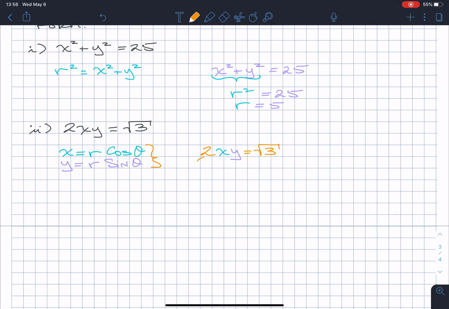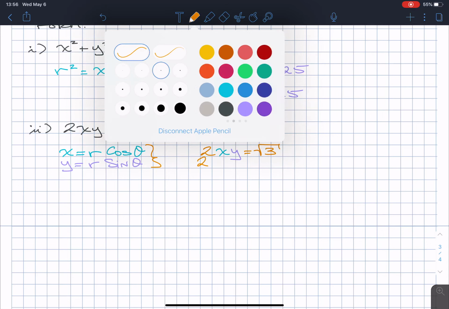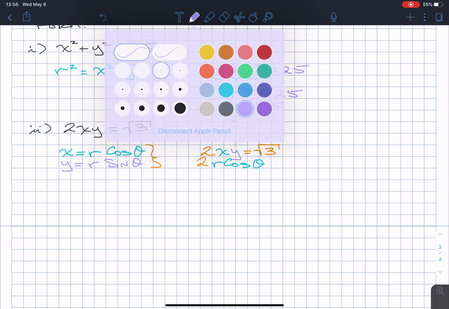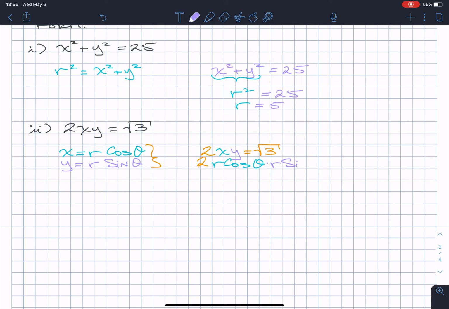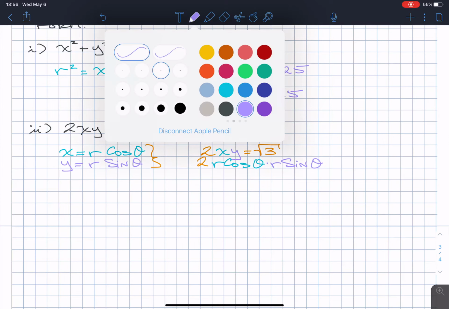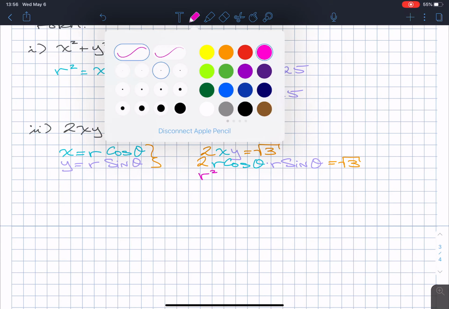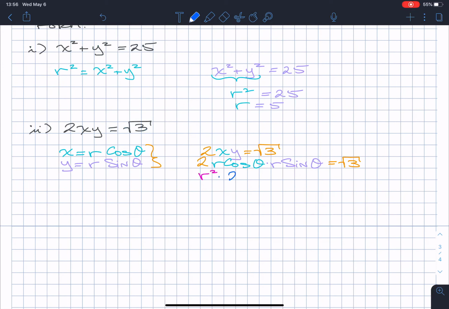So this will now be 2 times r cosine theta times r sine theta is equal to the square root of 3, otherwise known as r squared times 2 sine theta cosine theta is equal to the square root of 3.